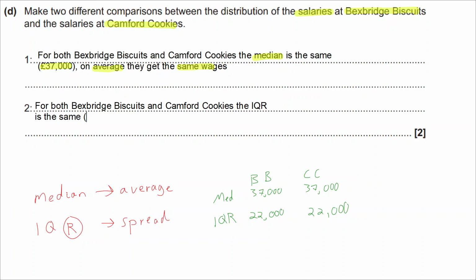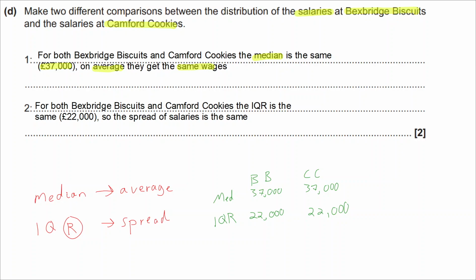You state the value, which is 22 grand for both, which means, and because interquartile range, which is range, is a measure of spread, you can go and say, so the spread, or like the variability of salaries is the same.